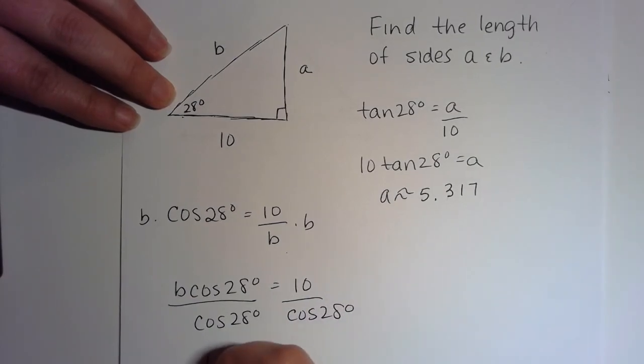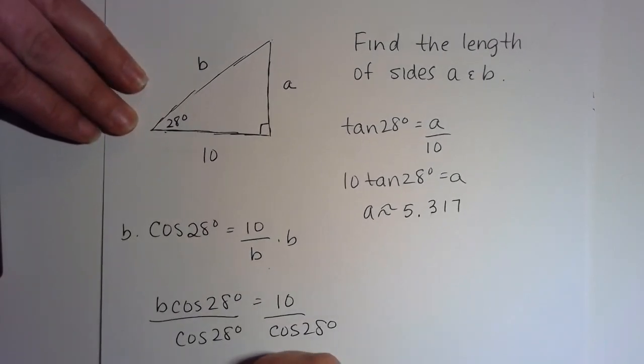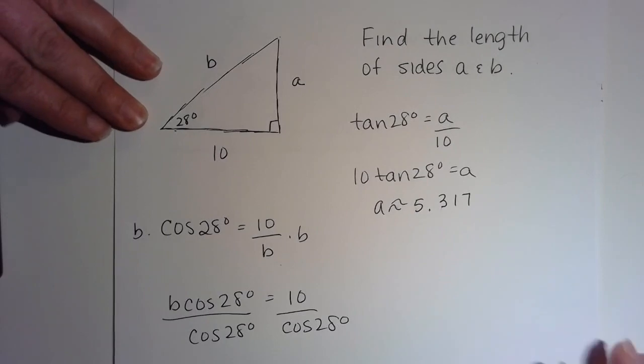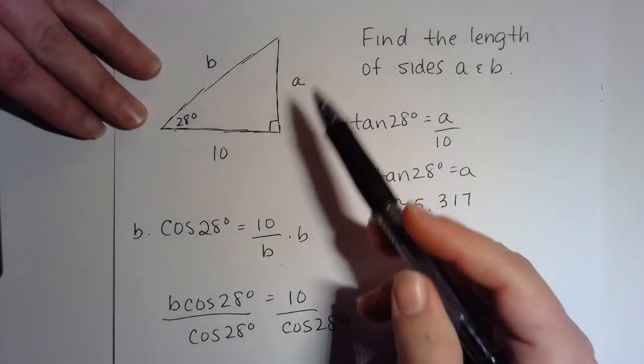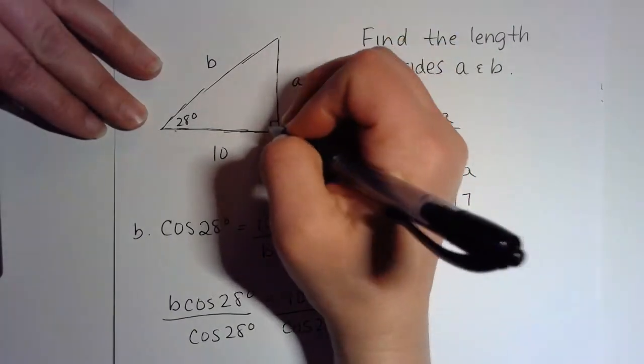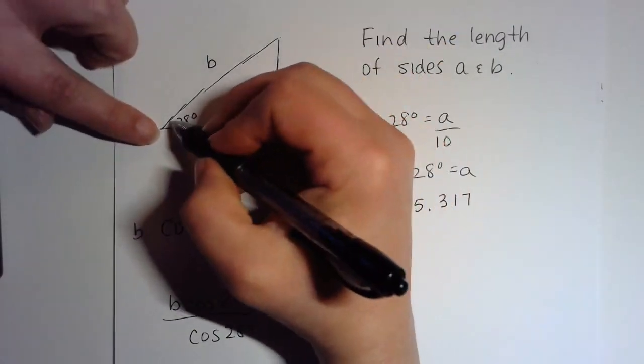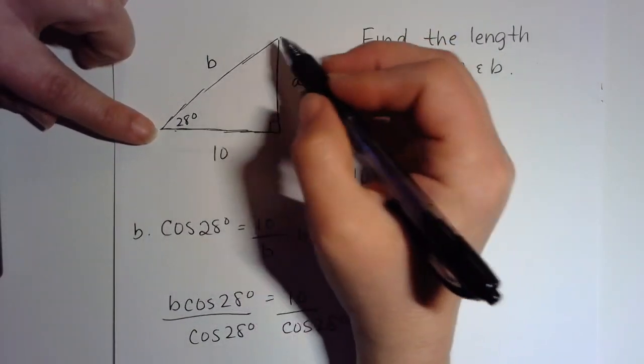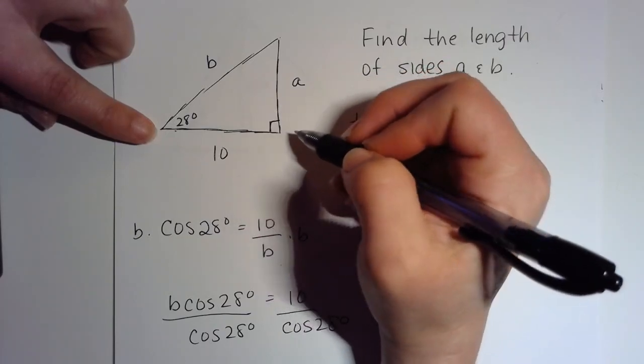And when I put that in my calculator, I get that B is approximately 11.326. Now, this is good. I mean, A seems like my shortest side here, so that's good that it's 5. And I know that this side is always the largest side, the one that's opposite of the right angle, the hypotenuse.